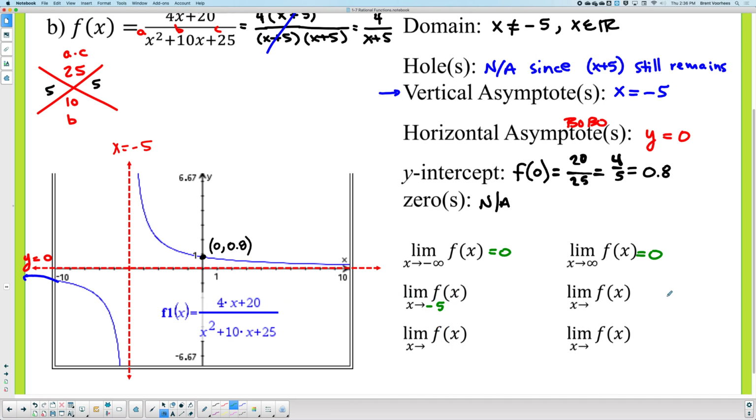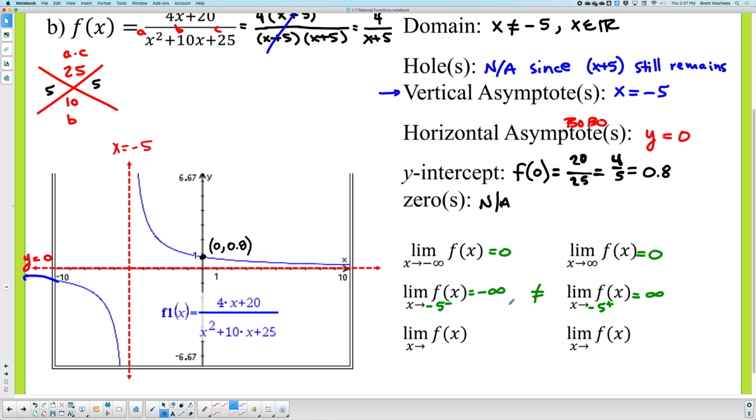Okay, what about, we have a break here at -5. Let's look at the left side and right side of -5. On the left side, what happens on the left side of this graph? It falls, to -infinity. What happens on the right side? It rises. Are those the same?